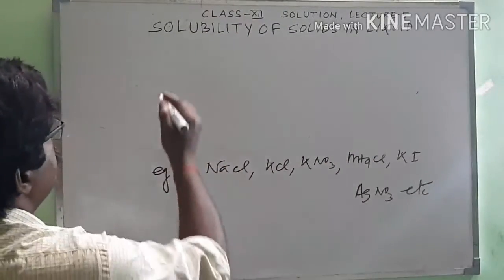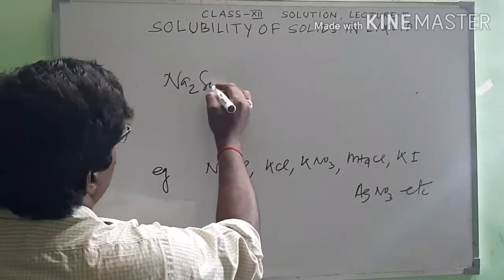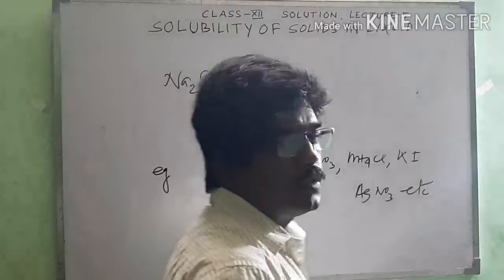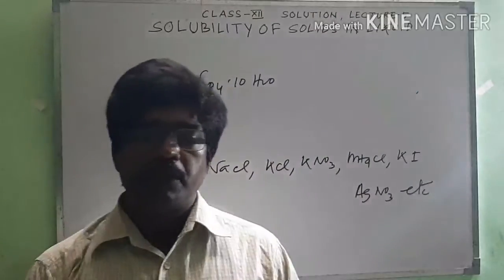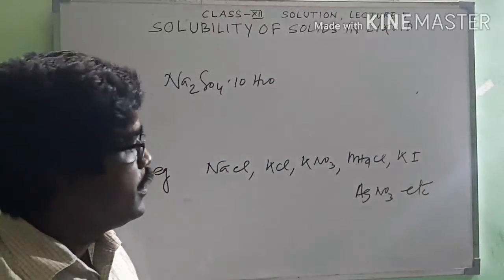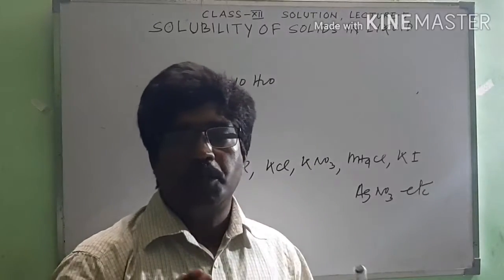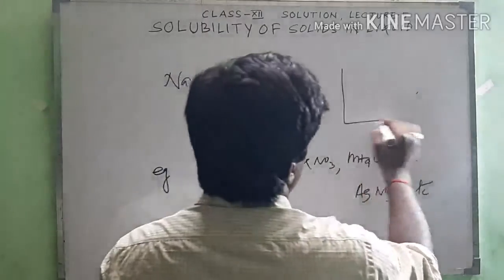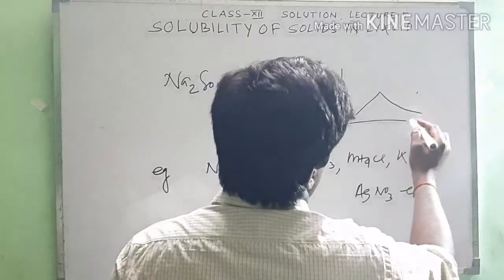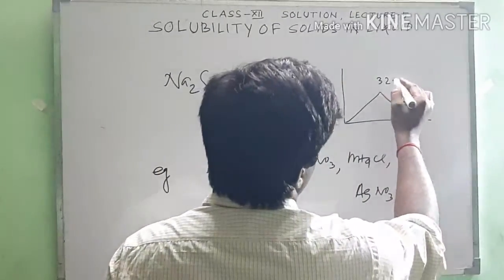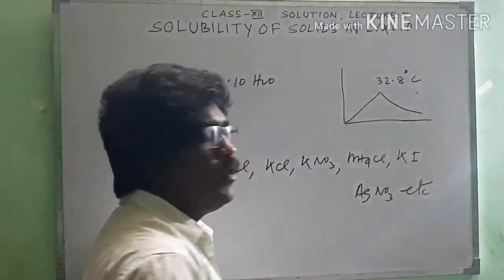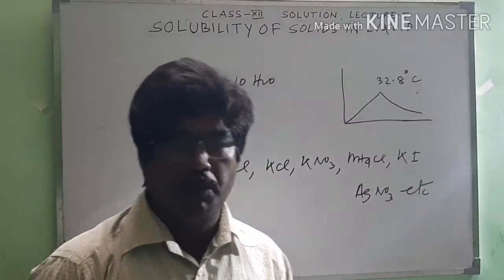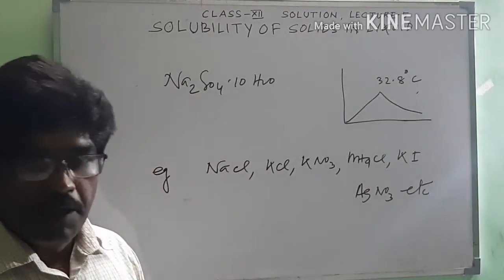But in case of Na2SO4 10H2O, first there is an increase in solubility, and at a particular temperature, 32.8 degrees centigrade, there is a sharp change in solubility, that is solubility decreases.